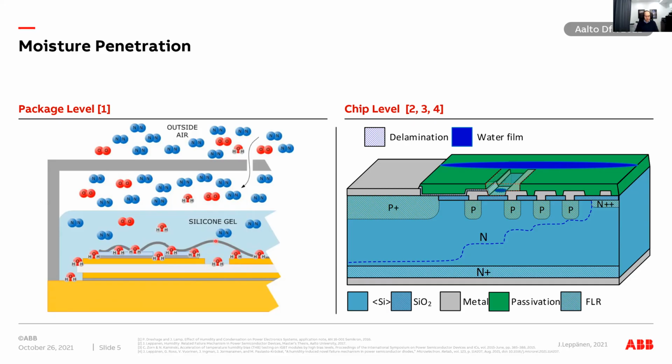You can have an electrolytic cell then, and that typically happens at around 60% relative humidity. Of course, it depends on the surfaces, whether they are hydrophobic or not.